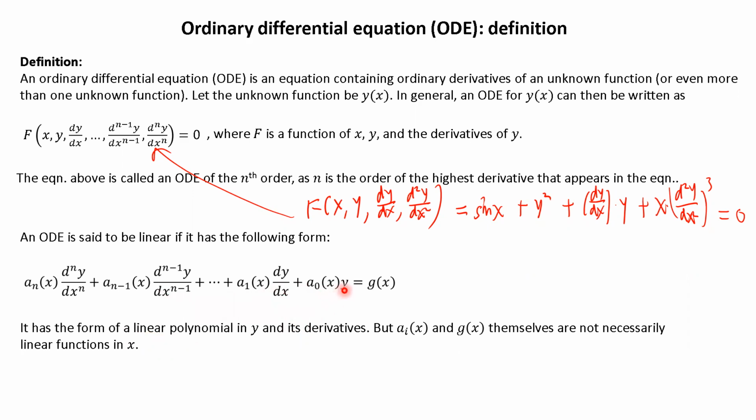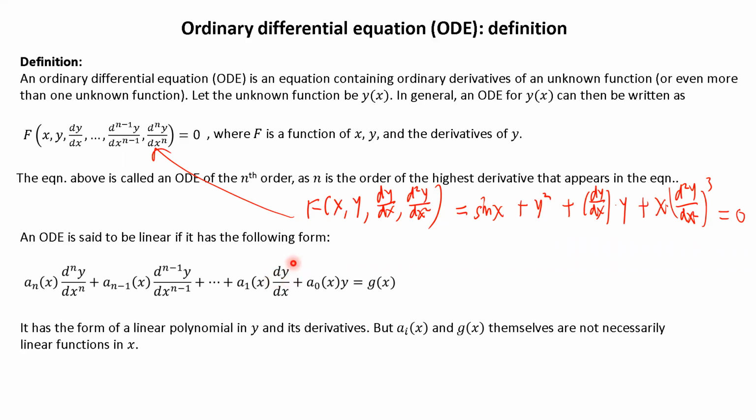So y appears here, dy/dx appears here, and the higher order derivatives also appear here. These are linear polynomials in all these y and derivatives, because they just appear as a linear term here.